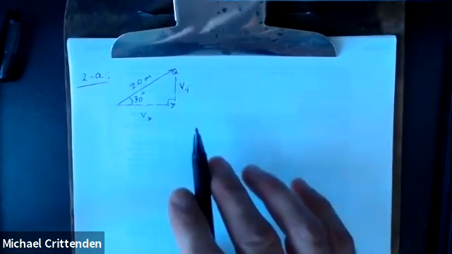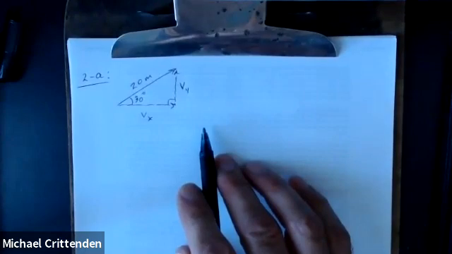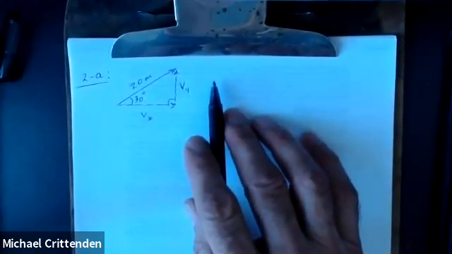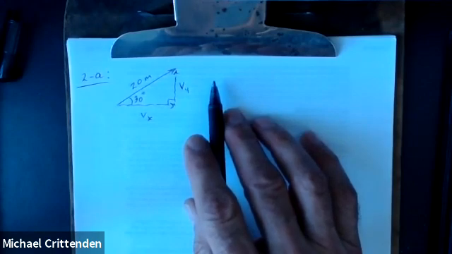Okay, so this idea of head to tail vector addition is always lurking in the background, whether you're actually using that scale drawing method or not. That's why we always start with it when you're teaching people about vectors.